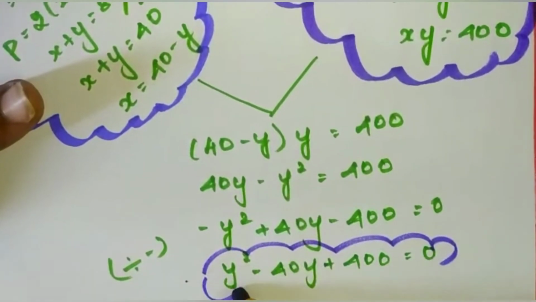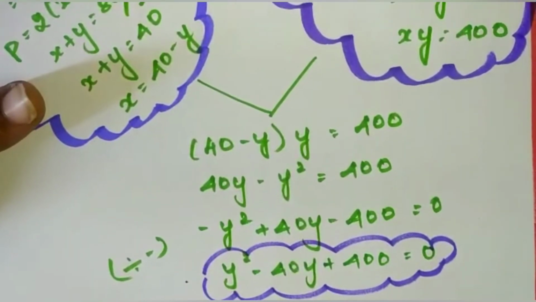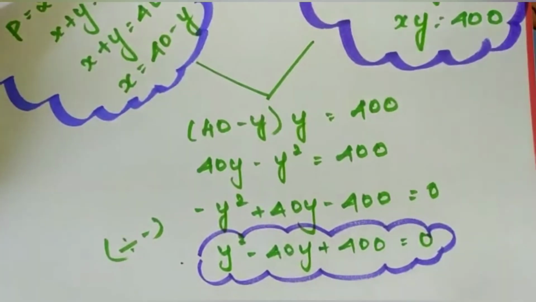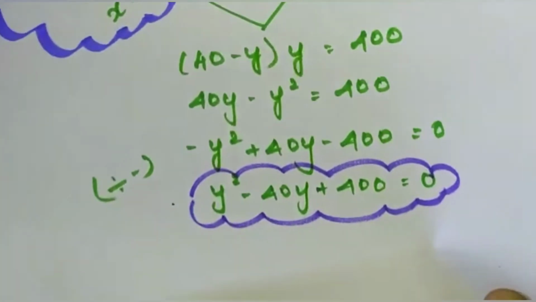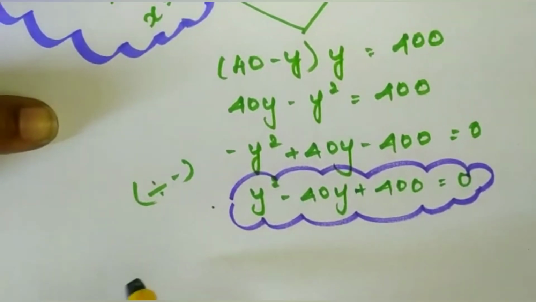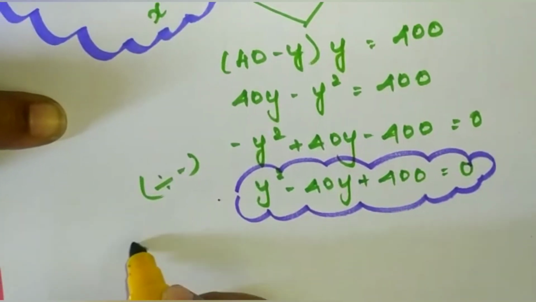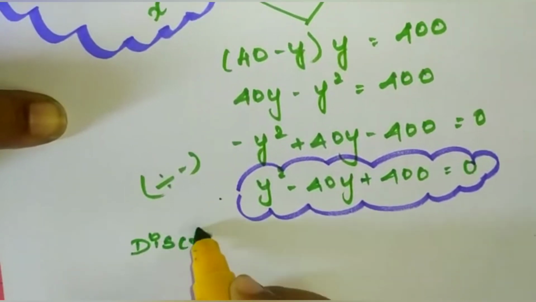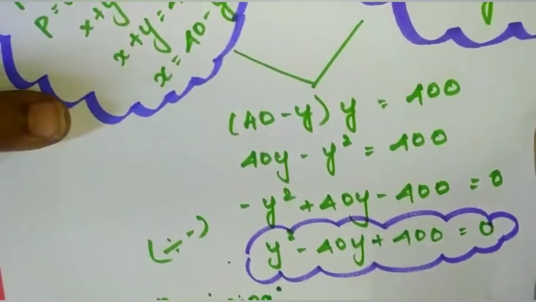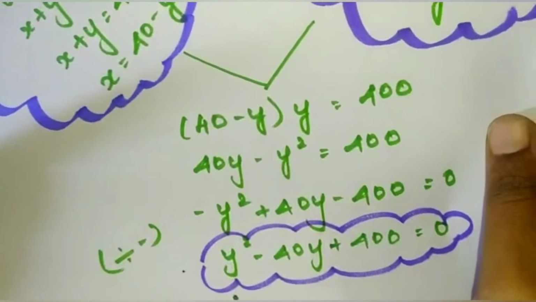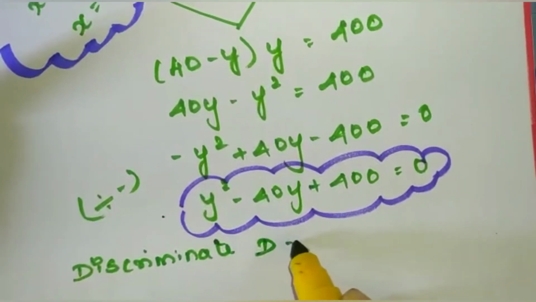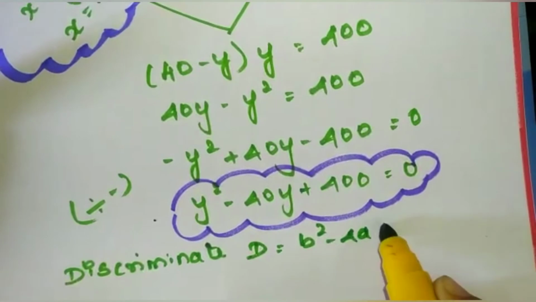First we have to check whether it is possible or not. To find whether it is possible or not, what do we have to do? We have to find the nature of the roots. To find the nature of the roots, what do we have to find first? We have to find the discriminant. D is equal to b square minus 4ac.